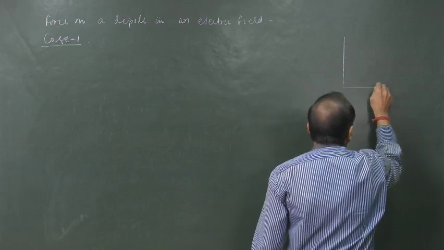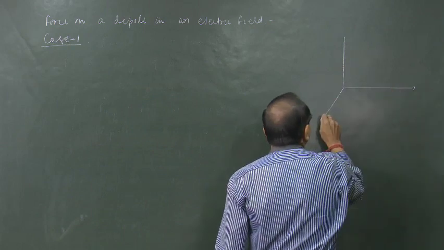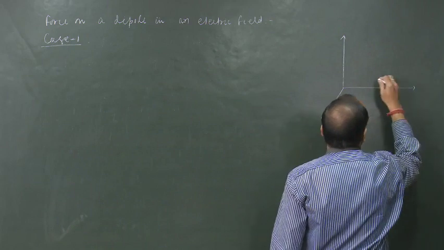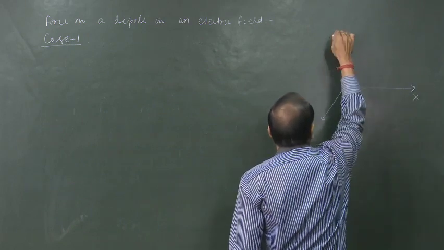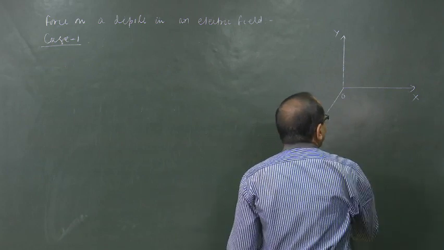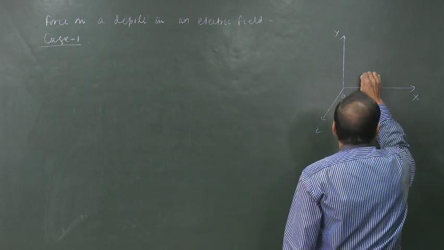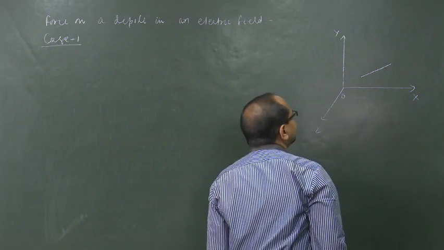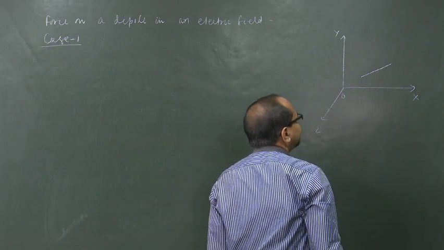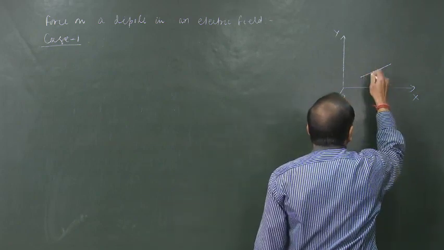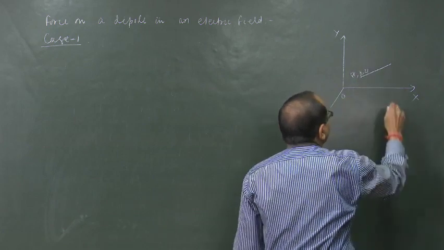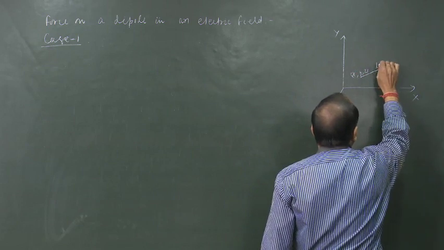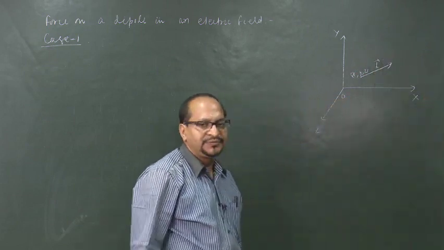This is our coordinate system. This is the x axis, say, this is the y axis and this is the z axis, and let a dipole be placed like this, so that the coordinates of this point are x, y, z, and the dipole length L is infinitely small. Okay.